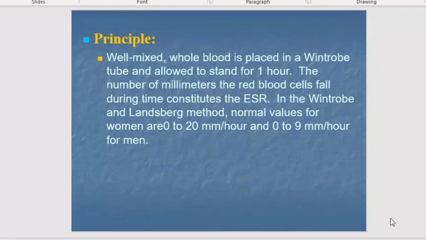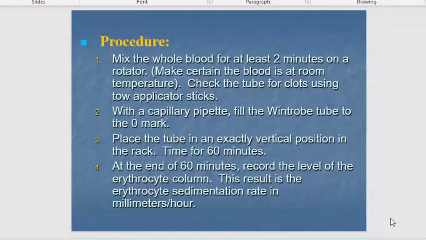In the Landsberg method, the normal values for the women are 0 to 20 millimeters per hour, and for men it is 0 to 9 millimeters per hour. Okay, so then mix the whole blood for at least 2 minutes on a rotator.